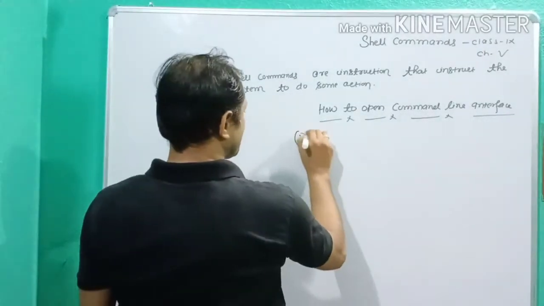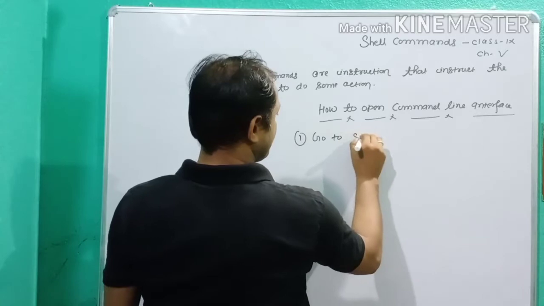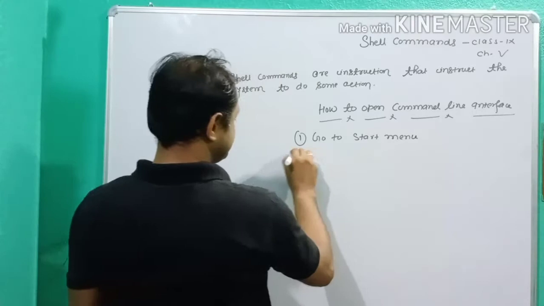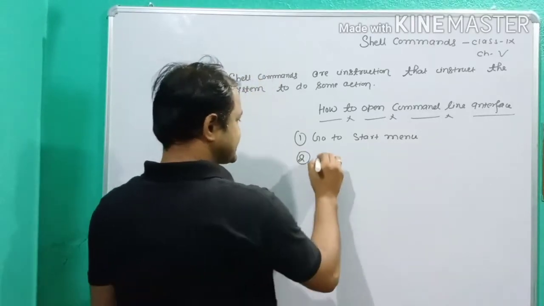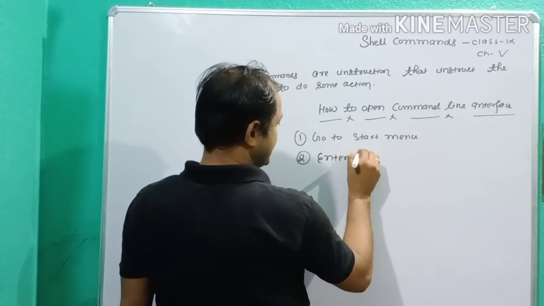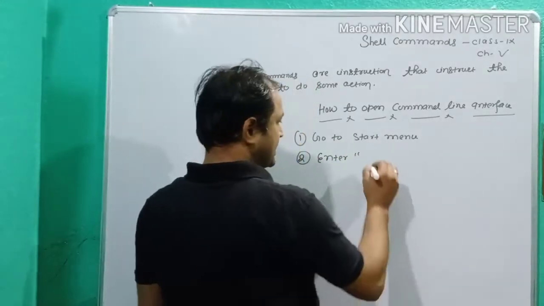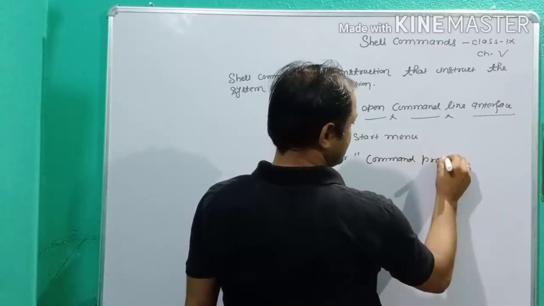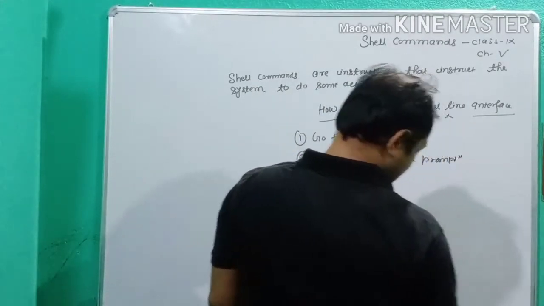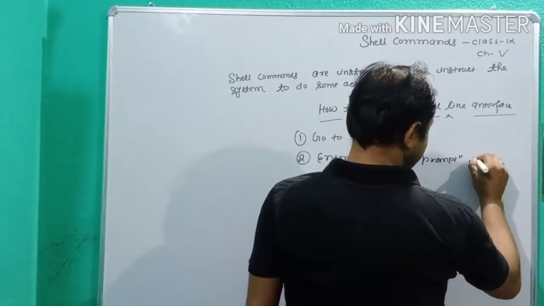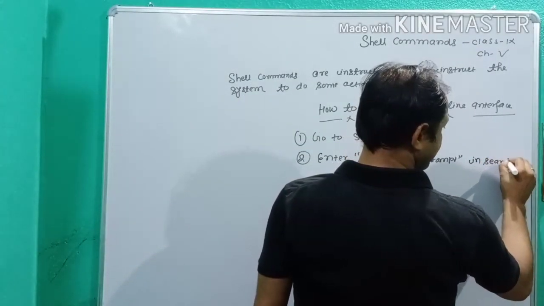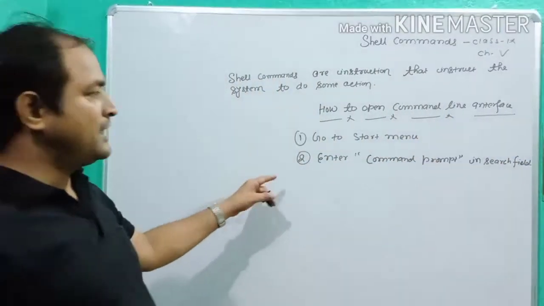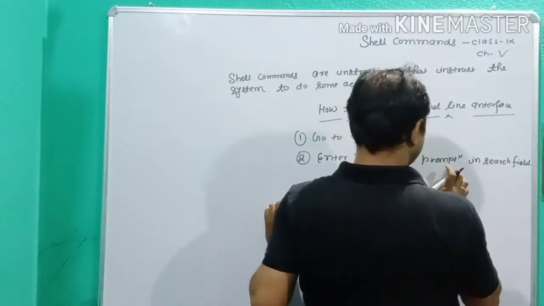First, go to the start menu. And second, enter command prompt in the search field. First, go to the start menu and there in the search field, you write down command prompt.